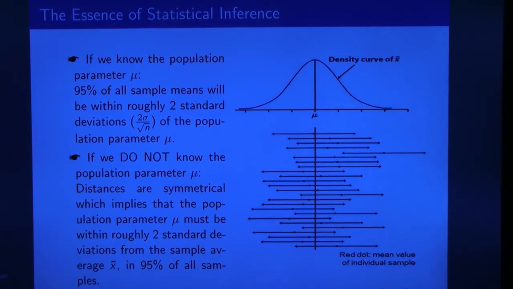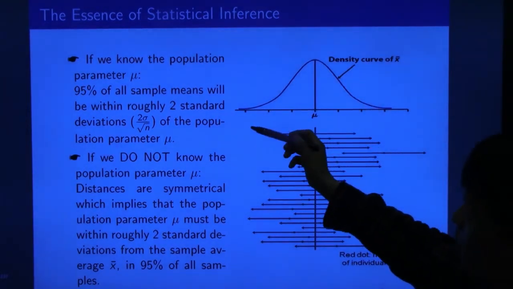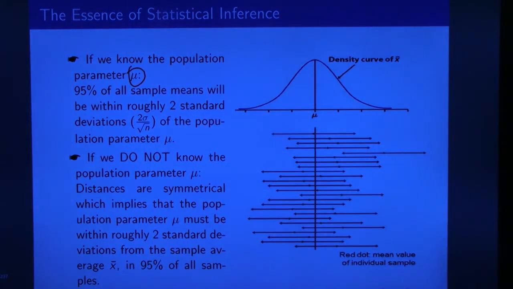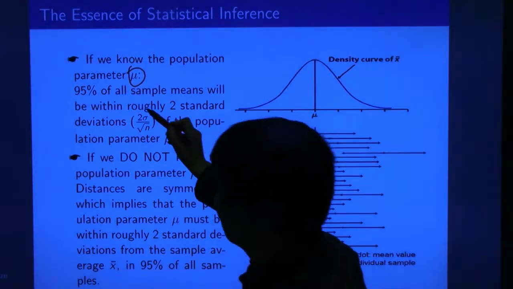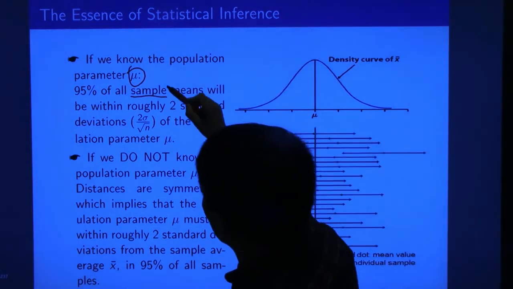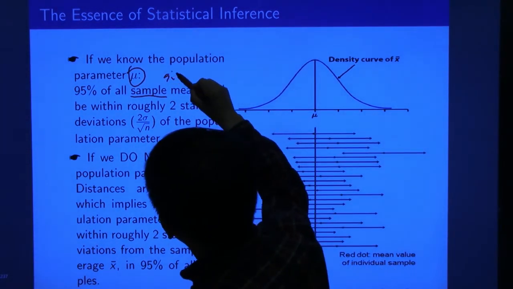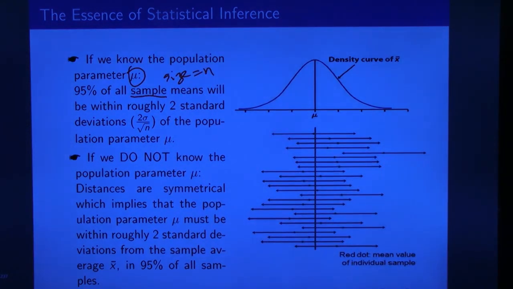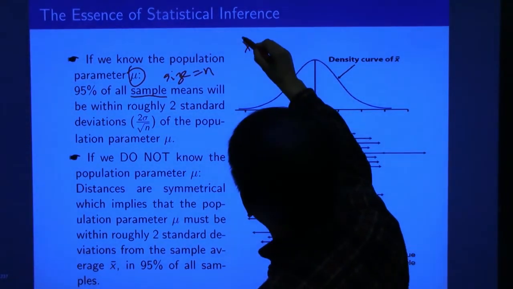First point, we already know that if we know the population parameter mu, and we take a random sample first, of size n, and we get the mean of that sample, we call it x1 bar.